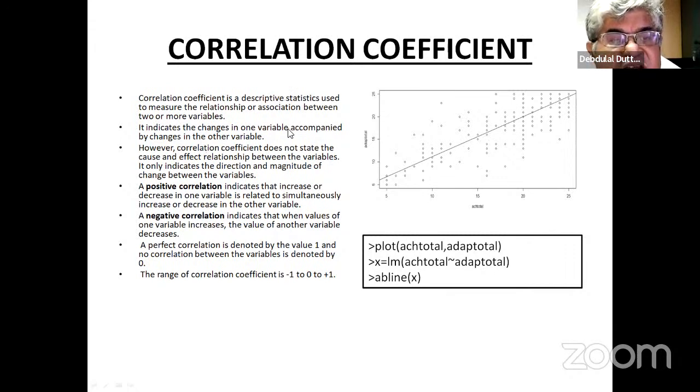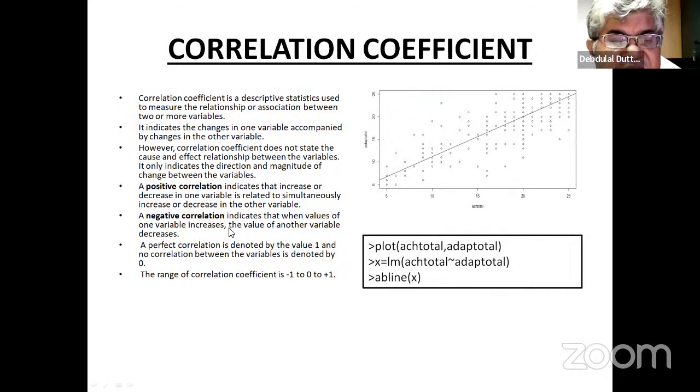It indicates the change in one variable accompanied by changes in the other variable. However, the correlation coefficient does not state a cause and effect relationship between the variables. It only indicates the direction and magnitude of change between the variables. A positive correlation indicates that an increase or decrease in one variable is related to a simultaneous increase or decrease in the other variable.